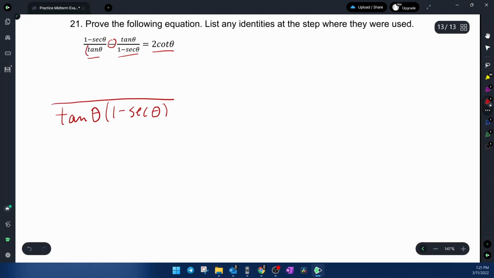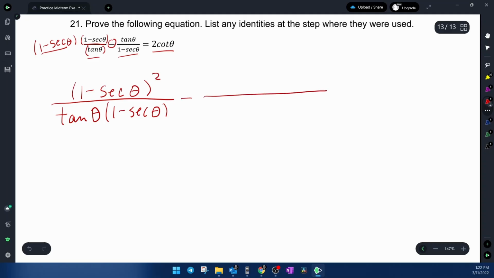Notice I multiplied the denominator by 1 minus secant theta. Therefore, I would need to multiply the numerator by 1 minus secant theta. And that would be something times itself, which would give me 1 minus secant theta quantity squared.